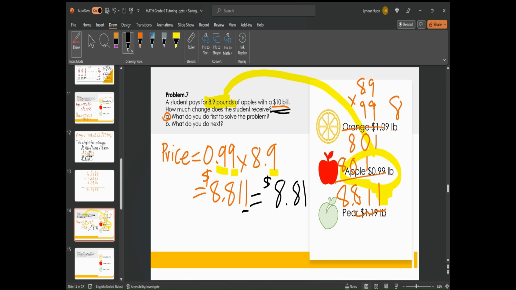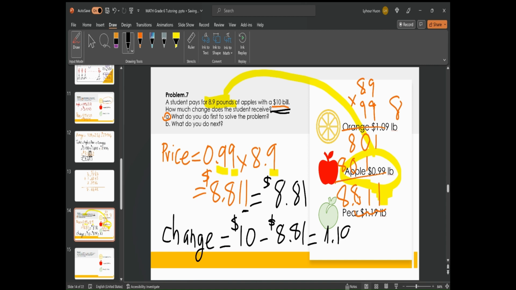Correct, correct. The change is, we know that we only spend $8.81, but we have $10. So we have to subtract from 10. One dollar 19 cents, correct. $1.19.